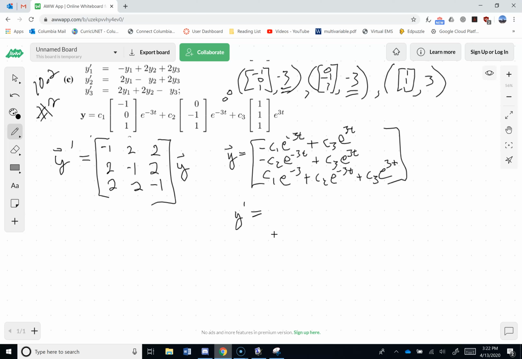So y prime is, let's see, 3c1 e to the minus 3t plus 3c3 e to the 3t, and 3c2 e to the minus 3t plus 3c3 e to the 3t, and minus 3c1 e to the minus 3t. I apparently lost a t in one of those.